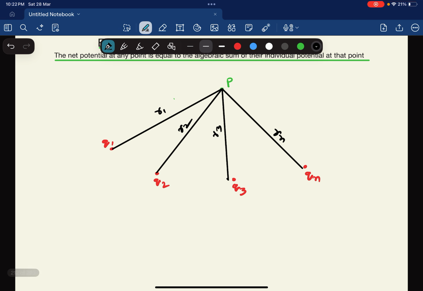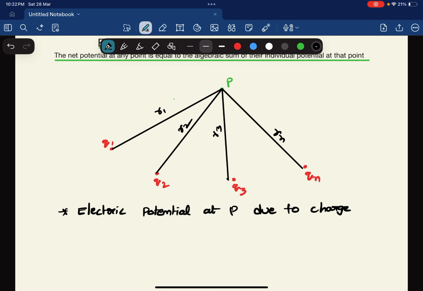First, the electric potential at P due to charge q1 is V1, which is equal to 1 by 4 pi epsilon naught into q1 by r1.